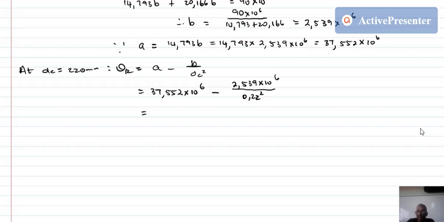Therefore, the total for the hoop stress will give you minus 14,909 megapascal. Minus shows compressive, which is 14,909 megapascal compressive. Right?